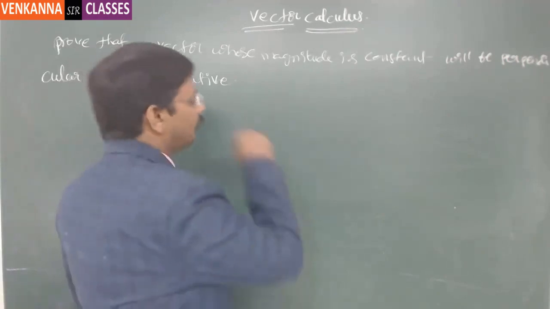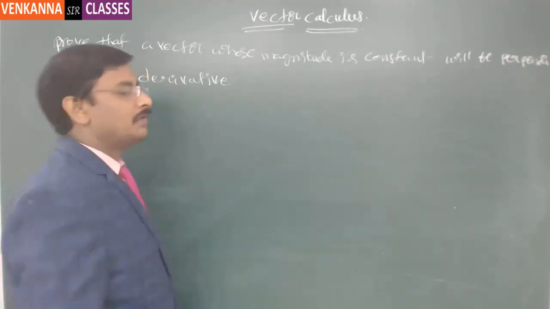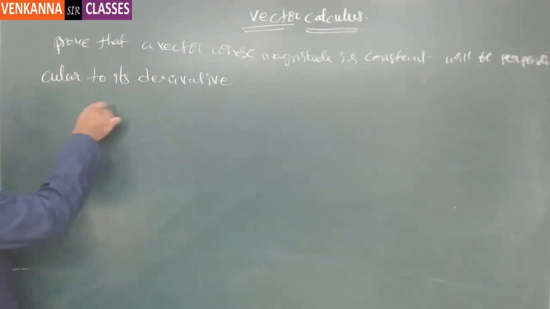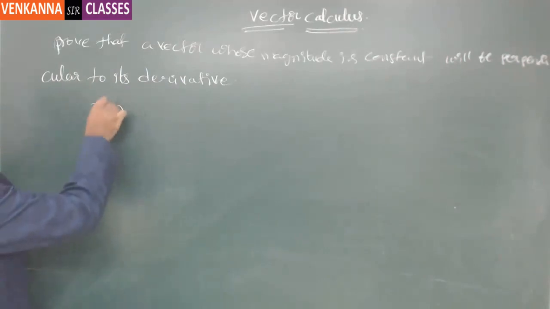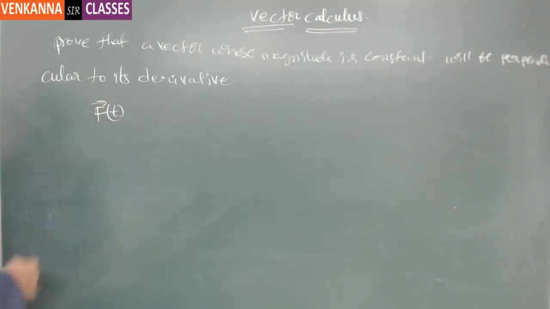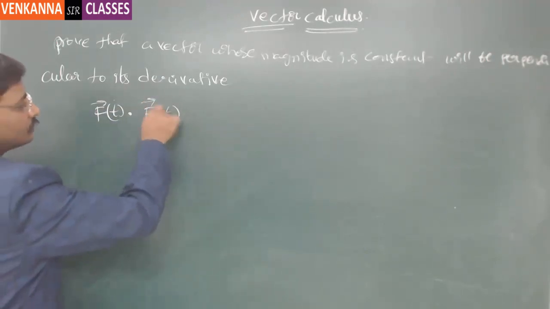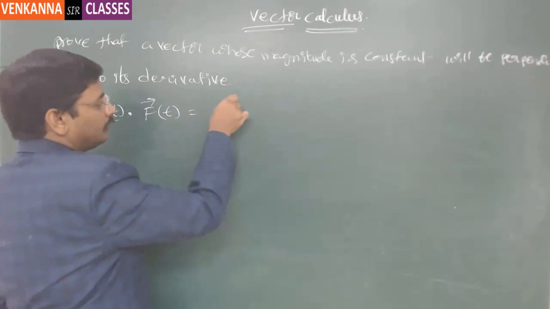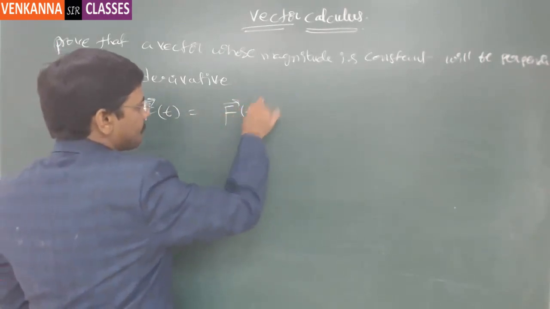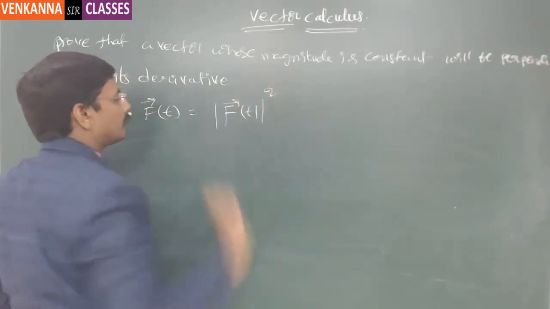See this, a vector whose magnitude is constant. If I take the vector f, a vector function of t, and take the dot product with itself, it is going to be mod f of t whole square.